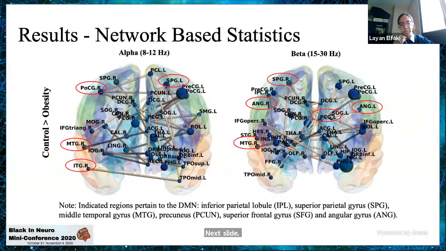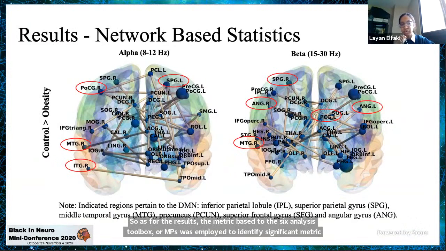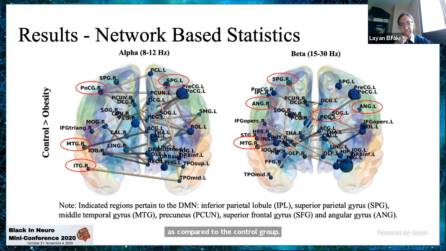This was done with respect to the alpha frequency on the left and the beta frequency on the right. Note that the low gamma frequency also showed significant results, but the figures were not available for display. Nonetheless, I want to draw your attention to the regions indicated here in red, which pertain to the DMN. As expected, this includes frontal, parietal, and temporal regions, as well as the precuneus.